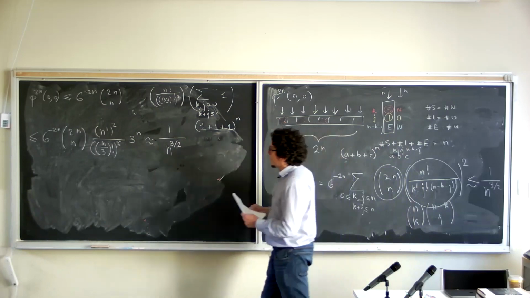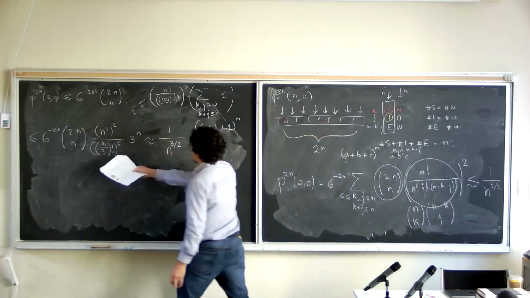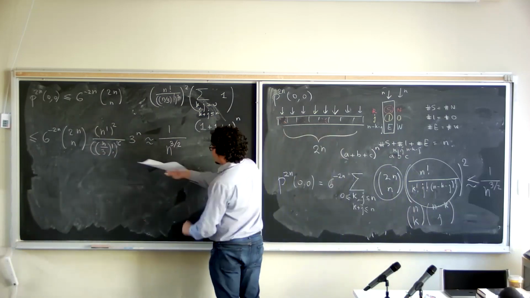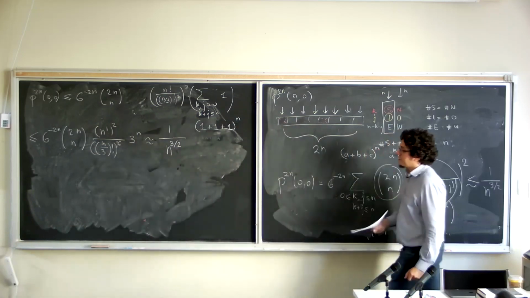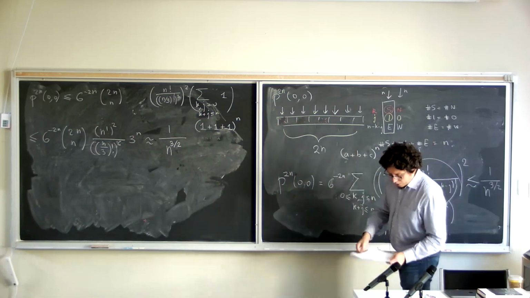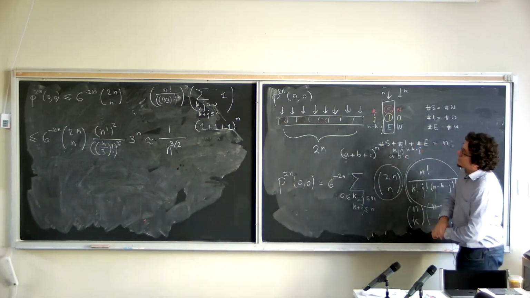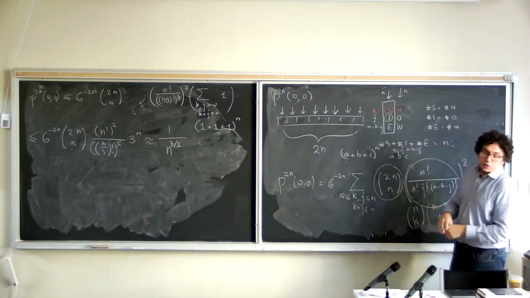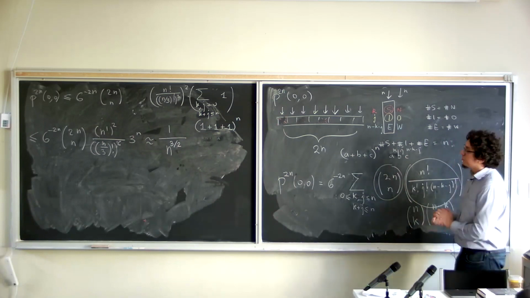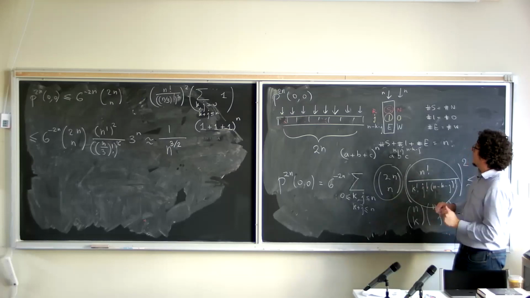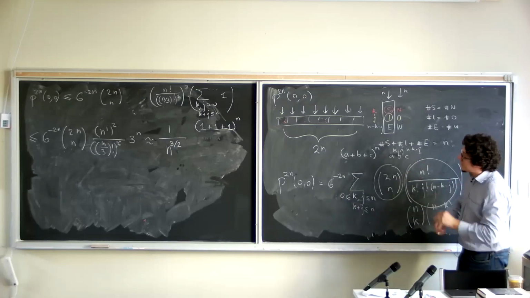You see that there's a power of 3 in the denominator, which with the square root of n in the Stirling formula would give rise to this. Okay, so this is a bit of a computation which you may or may not enjoy, depending on what you like in math, but at least it's still doable.